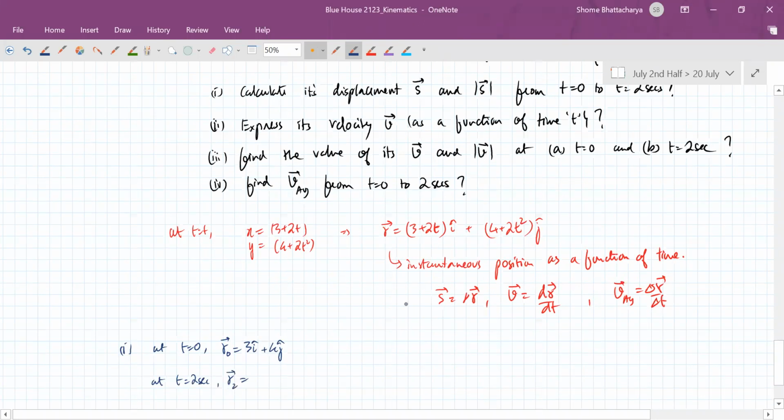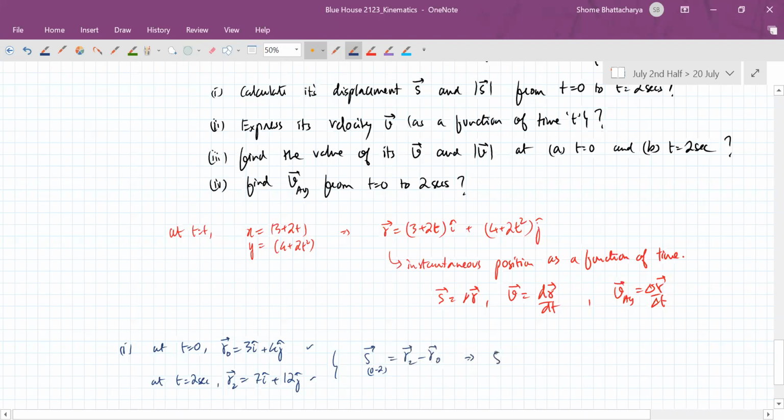So let's write that as r2, because it's at 2 seconds. You can see that it is 3 plus 4, so 7 i cap, plus 4 plus 2 into 4, 8, so that's 12 j cap. So the particle is going from here to here. The displacement during this time, 0 to 2, is the position at 2 seconds minus the position at 0.